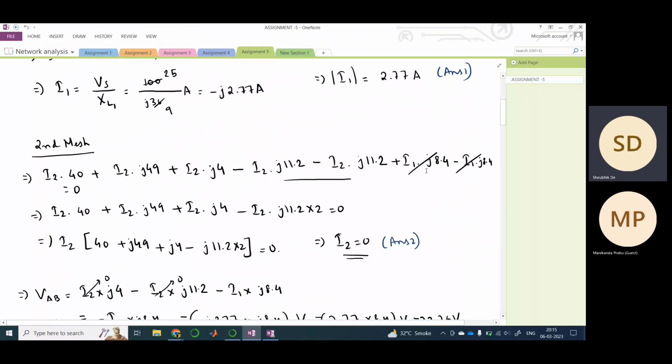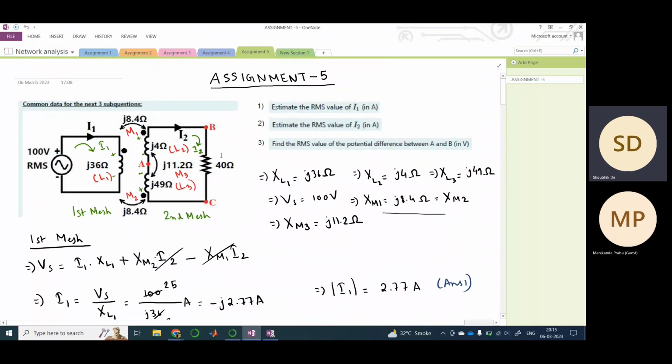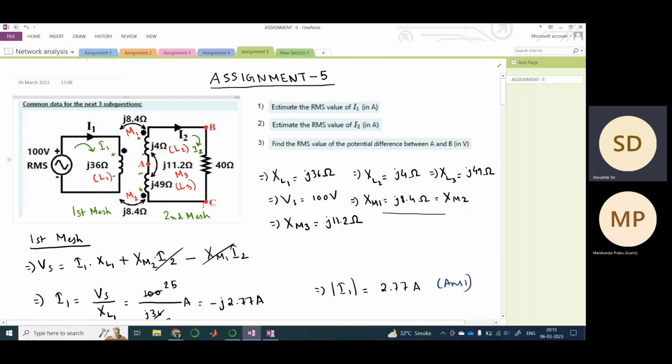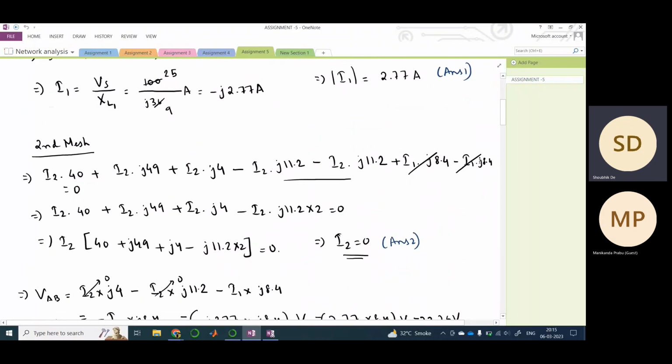Therefore I wrote plus here, I1 into J8.4, and again minus I1 into J8.4. Why? Because I2 is entering through the negative terminal and I1 is entering through the positive terminal. Therefore minus I1 into J8.4 equals 0. Therefore these two terms get cancelled, and finally when you solve this you get I2 equals 0. Okay, I hope this is clear now.